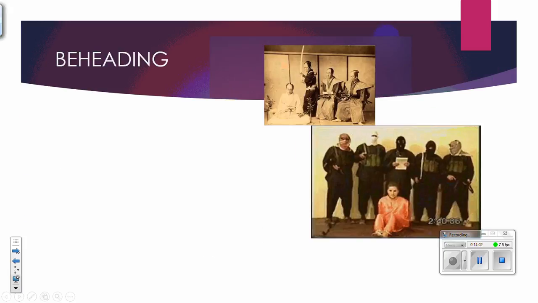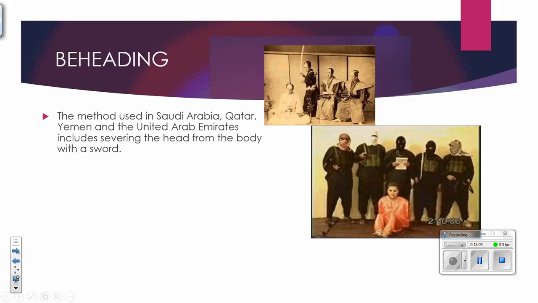All right, so let's talk about beheadings a little bit. Not used in the U.S., but it definitely is used around the world. And it has affected us the last few years since we've been fighting in Afghanistan and Iraq. This method is typically used in Saudi Arabia, Qatar, Yemen, and the UAE, the United Arab Emirates.